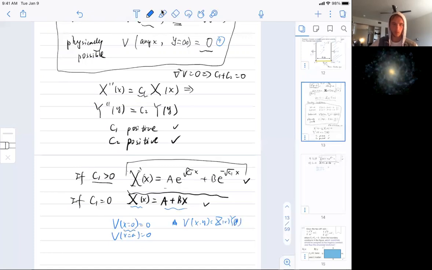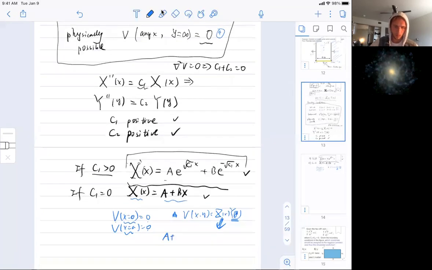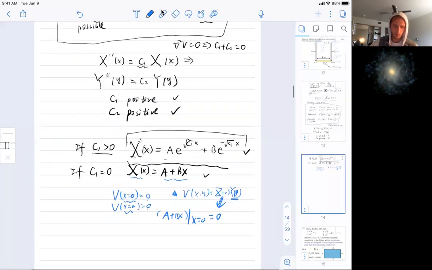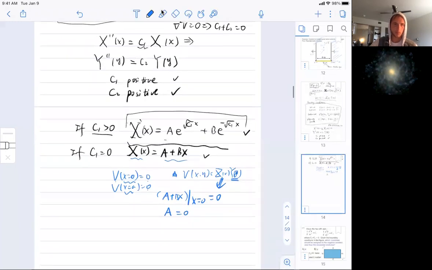So this means as your x changes, your v is going to be 0, which means what is changing your value is not going to be what happened in y. It's only going to be what happened with your x function, right? So when you say x equals 0, this is 0, that means a plus 0 is 0, a is 0. So that becomes v sub x, right?